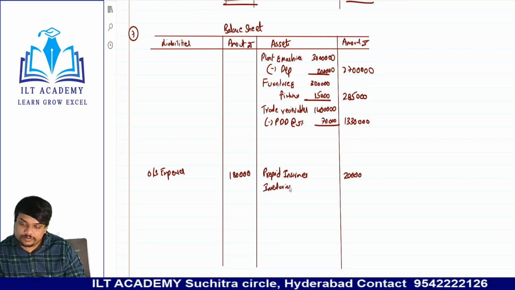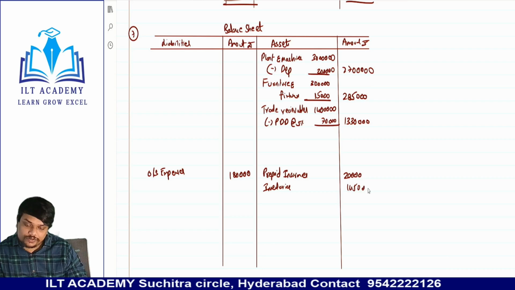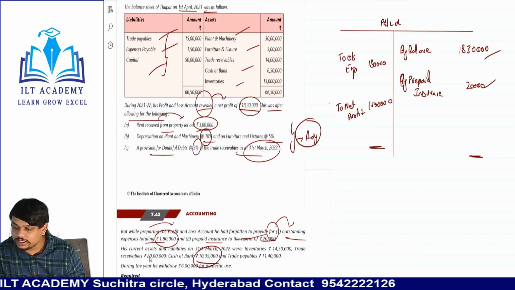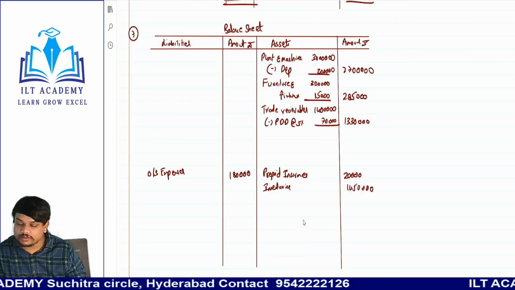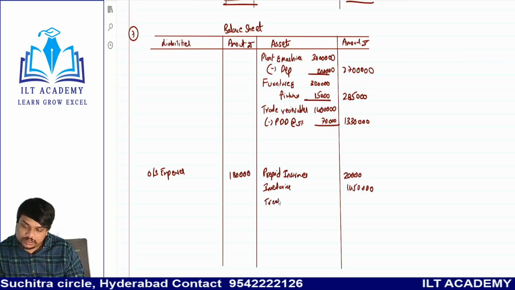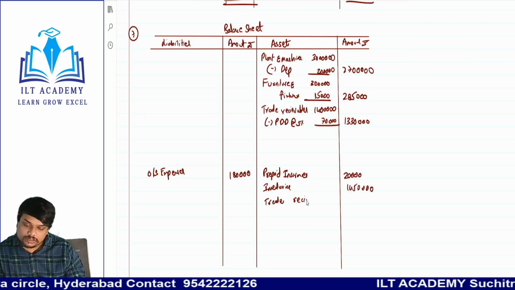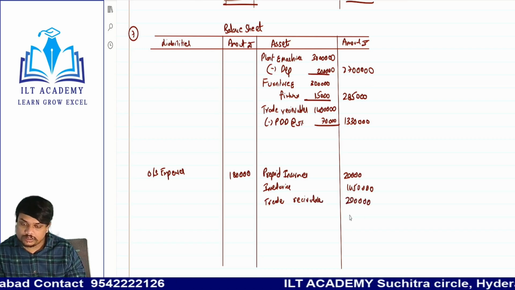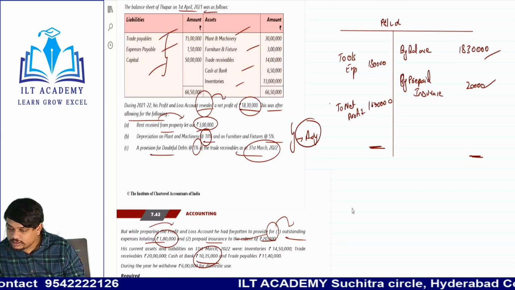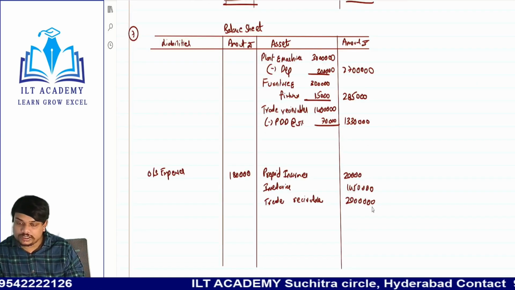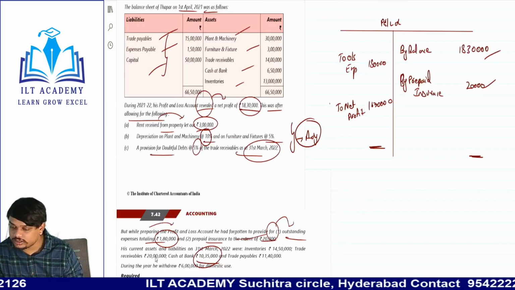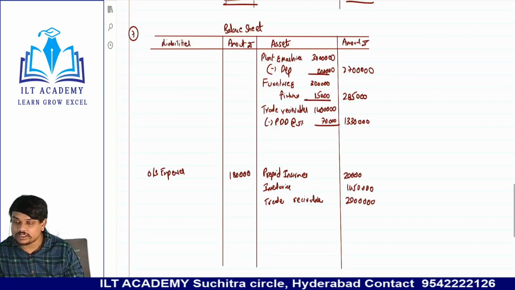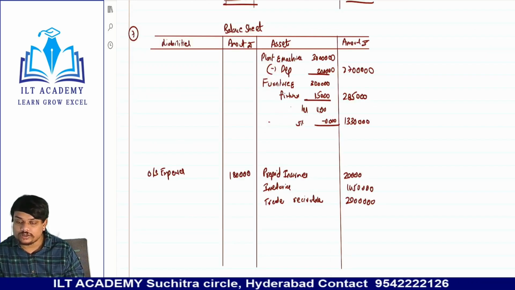Next, trade receivables 20 lakhs. So this provision is assets as of 31st March 2020. So no need to do this trade receivables.